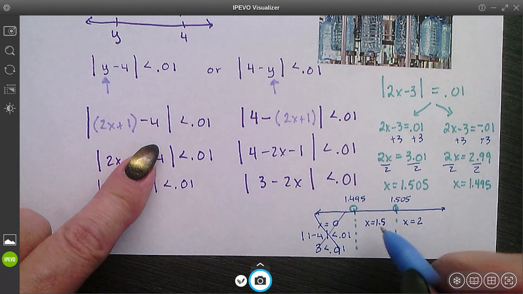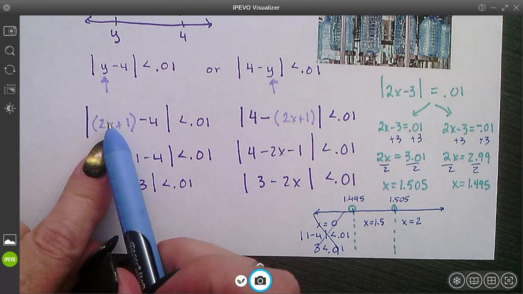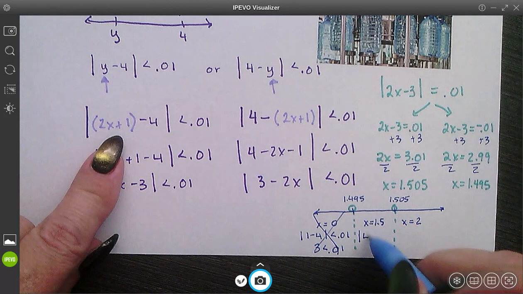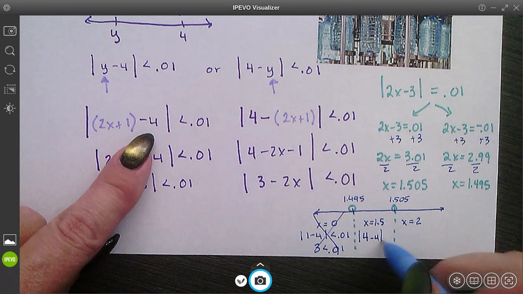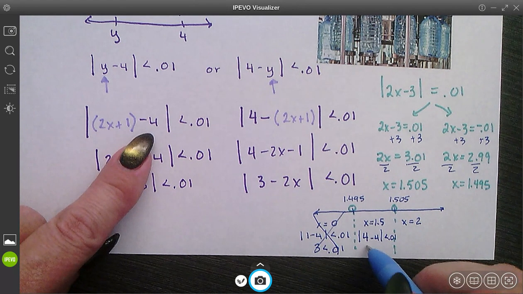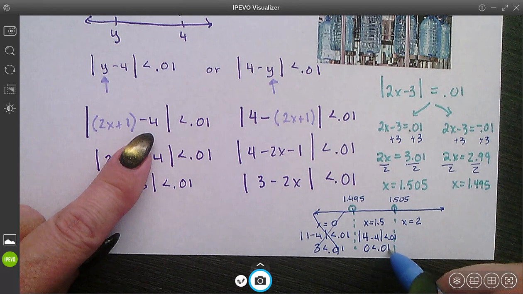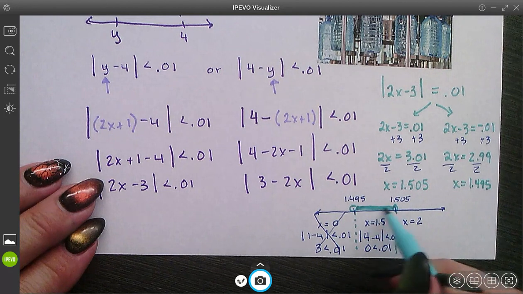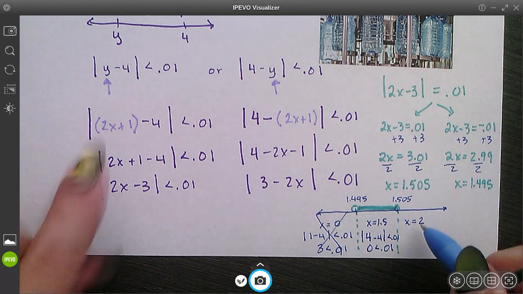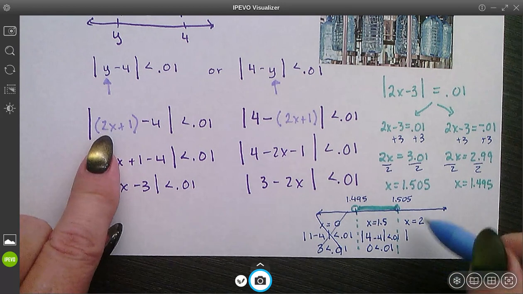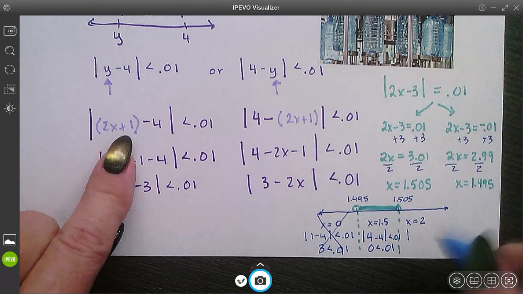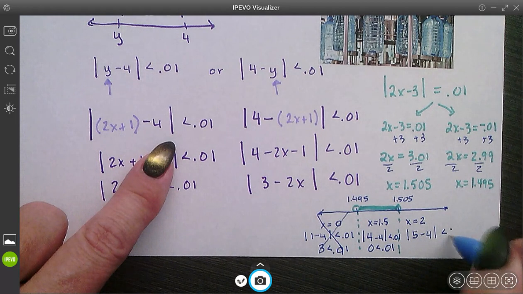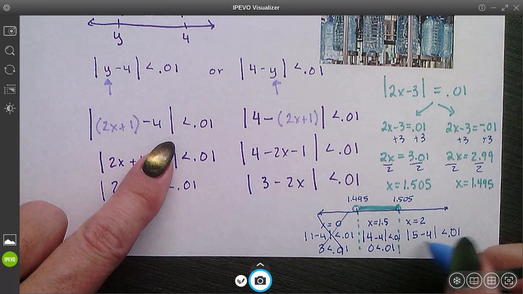That does not work. Now 1.5. So I get 2 times 1.5, which is 3. 3 plus 1 is 4. So 4 minus 4, is that less than 0.01? Well, that is 0. So yes, that is true. So here is a section that's a solution. And then if x is 2, I have 2 times 2, which is 4. 4 plus 1 is 5. So the absolute value of 5 minus 4 is 1.